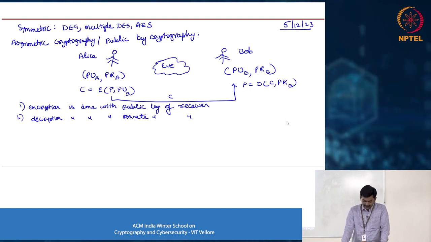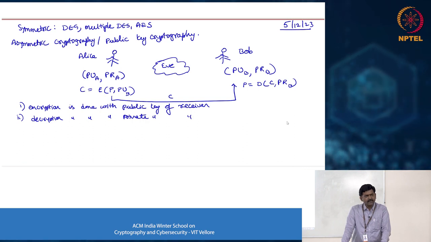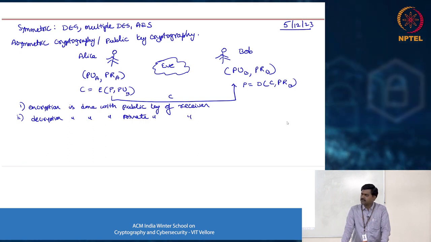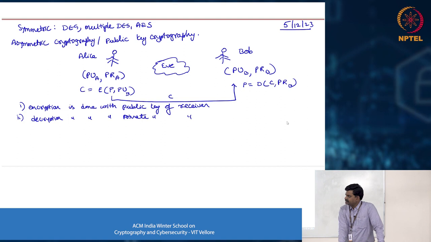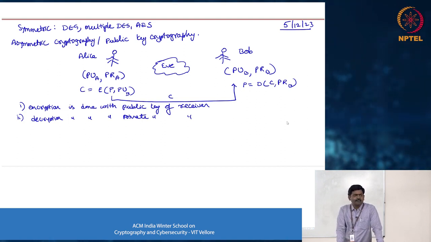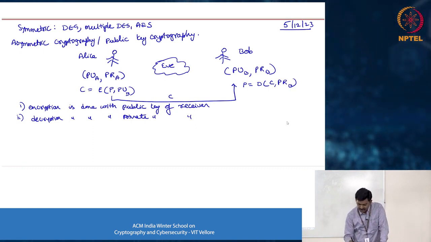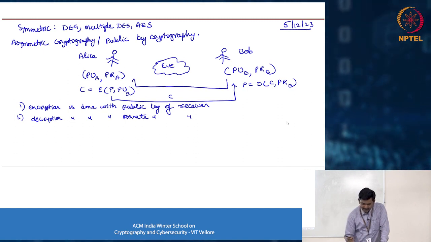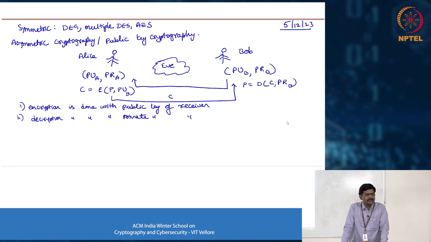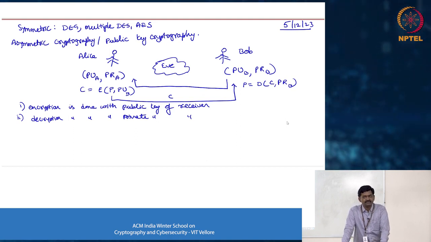So now the point is, what are we doing with the sender's public key and private key? When Bob is sending some message to Alice, which keys would be used? Whose keys would be used?